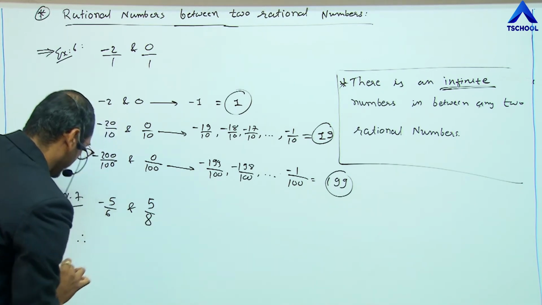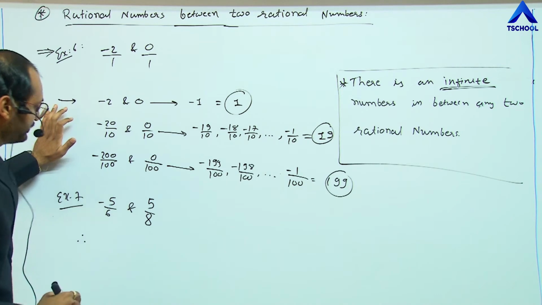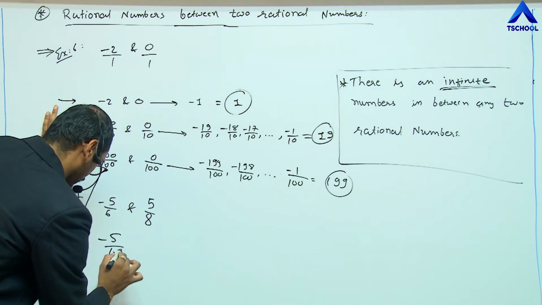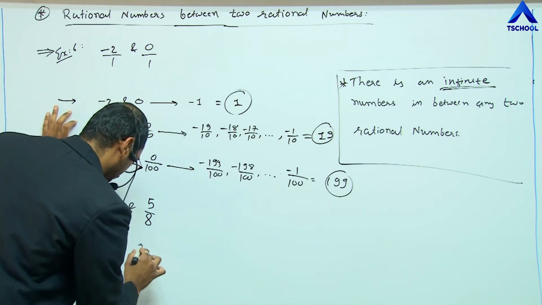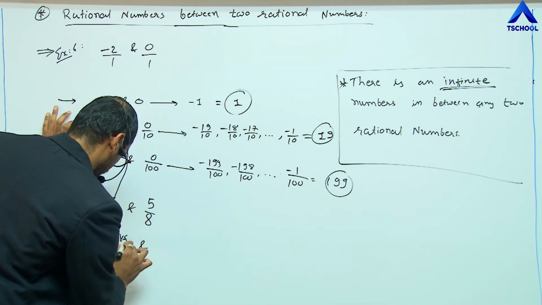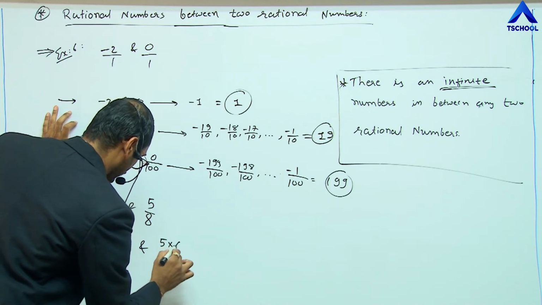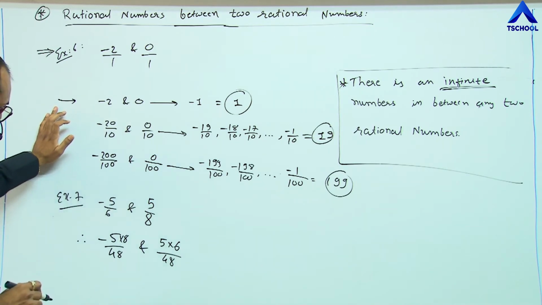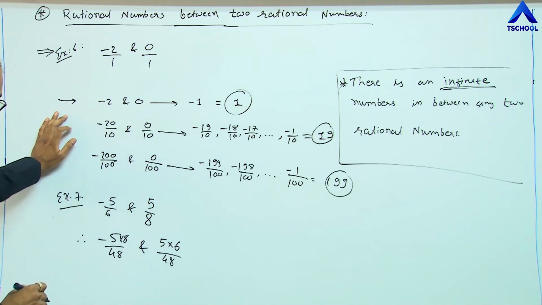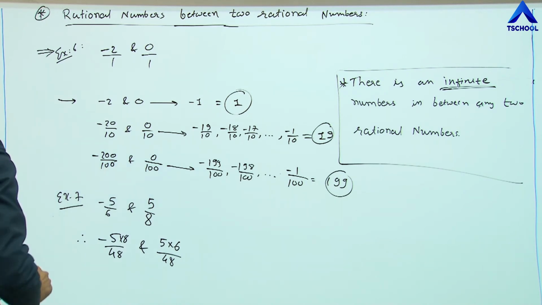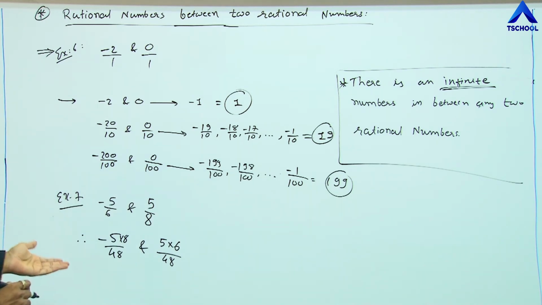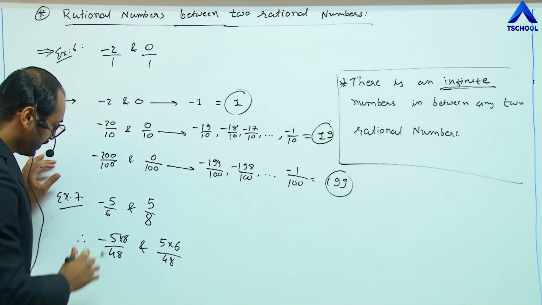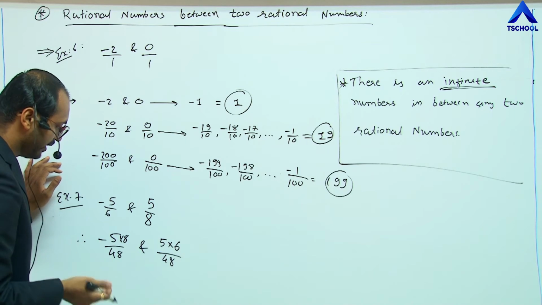I can write it like this also: 6 eights are 48, and 5 sixes are 30. Another common multiple of these two is 24, because 6 fours are 24.